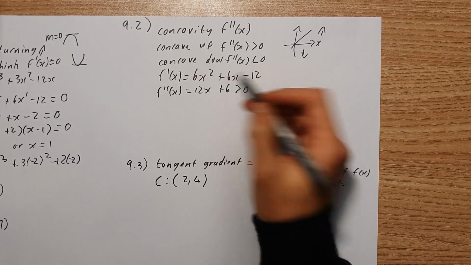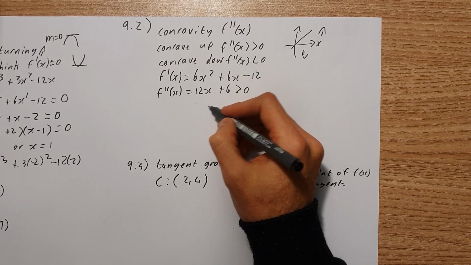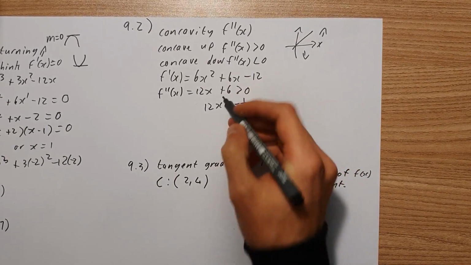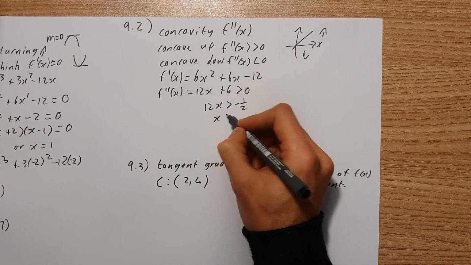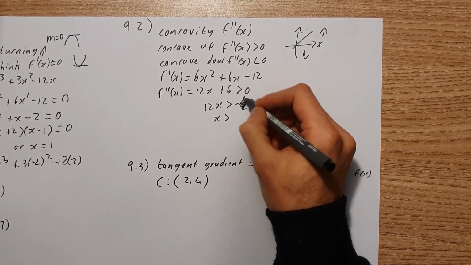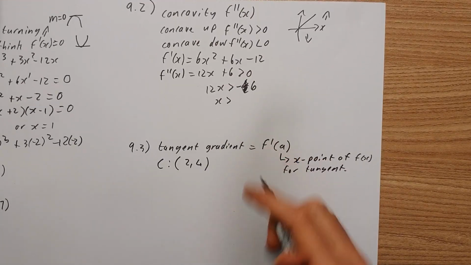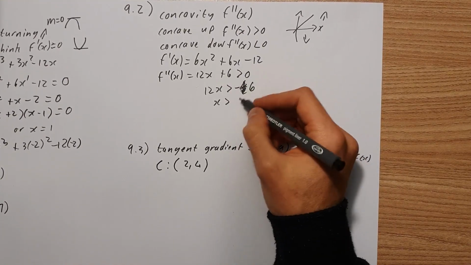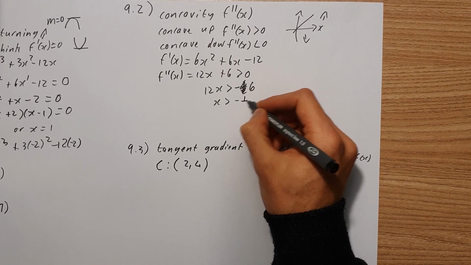So now we just solve the inequality. 12x must be greater than negative 6, so therefore x must be greater than negative a half.